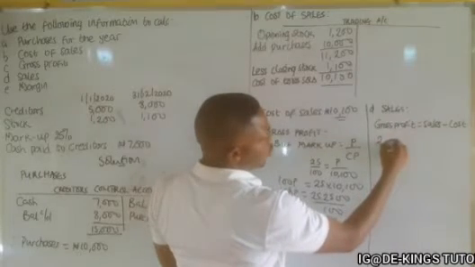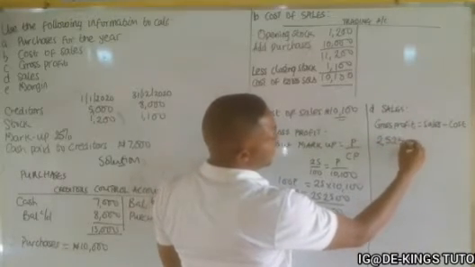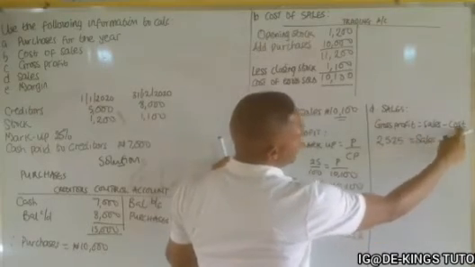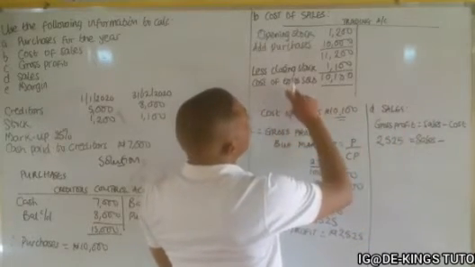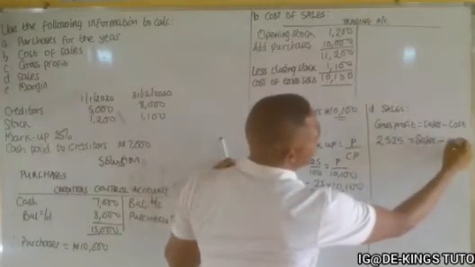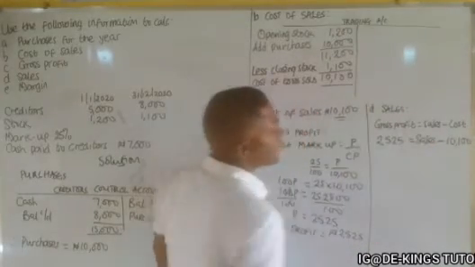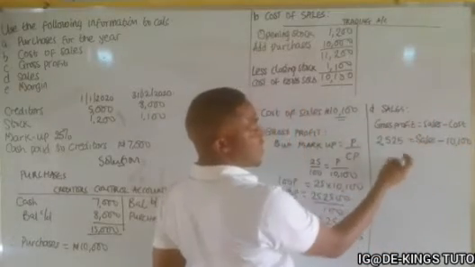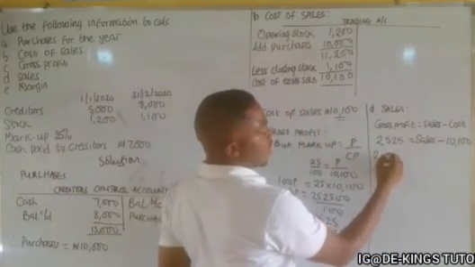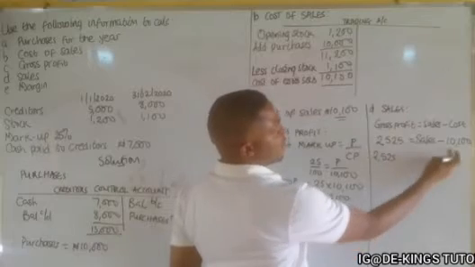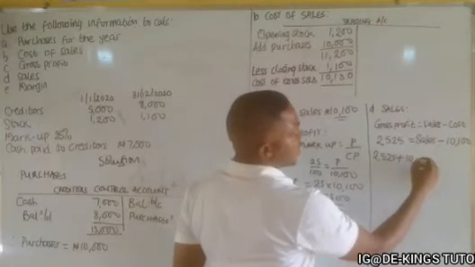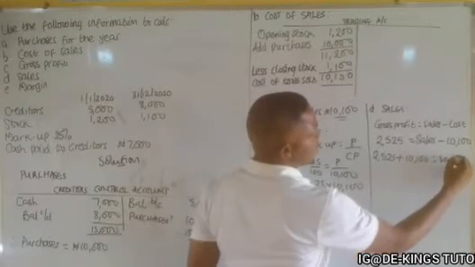So we'll put it there: 2,525 equals our sales, which is unknown, minus the cost of goods sold, which is 10,100. So to get sales, we transpose this to the other side so that sales can be alone. So we have 2,525, and this minus 10,100 crossing over turns to plus 10,100 equals sales.